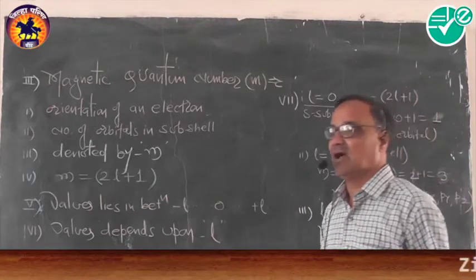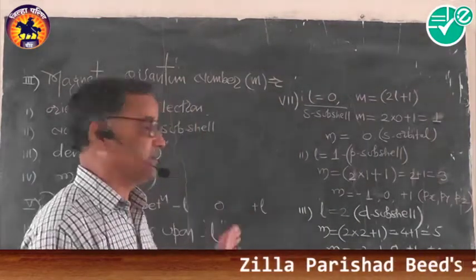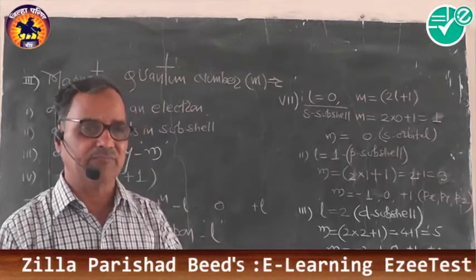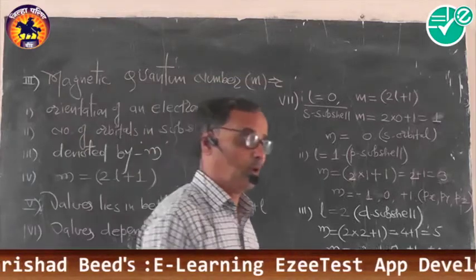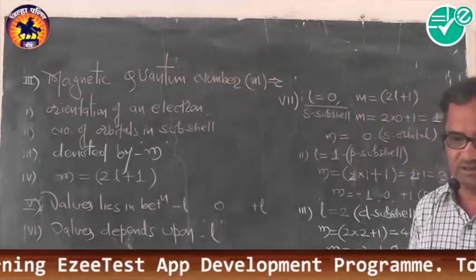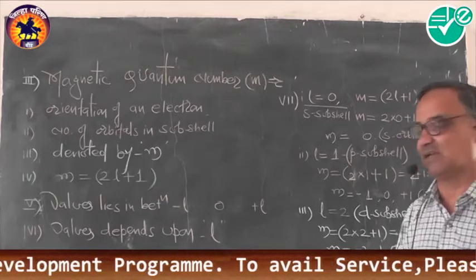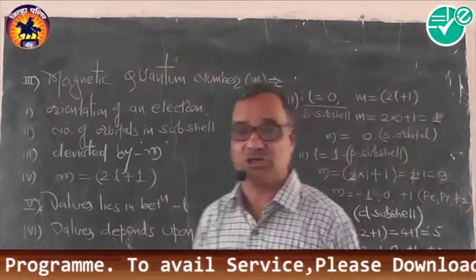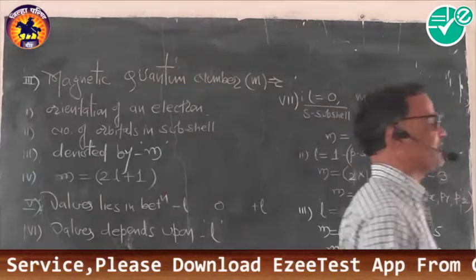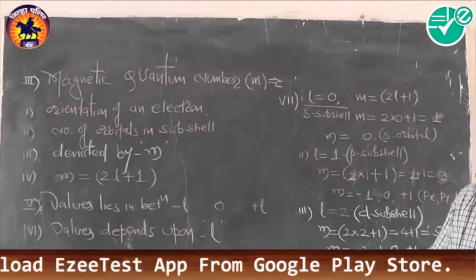This quantum number first of all gives the orientation of an electron. What do you mean by orientation? Orientation is the rotation or spin of an electron around its own axis in a clockwise and anti-clockwise direction. So this is called orientation.